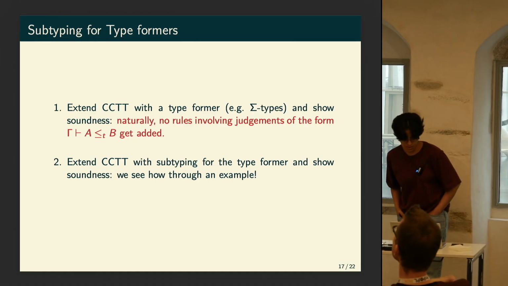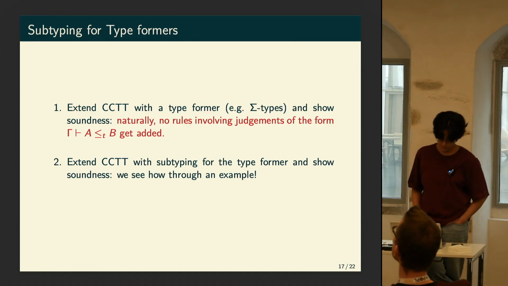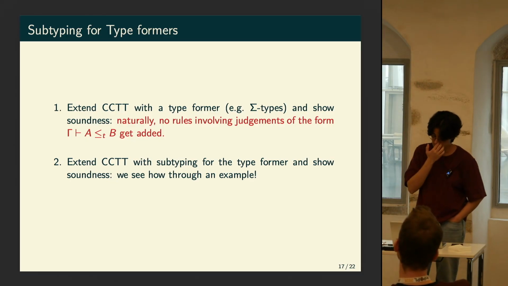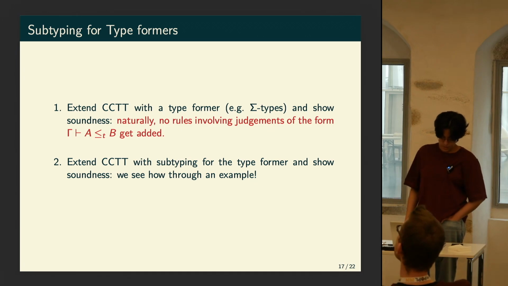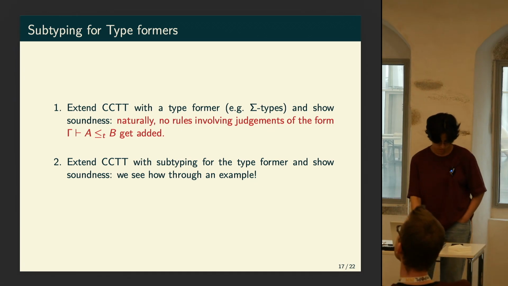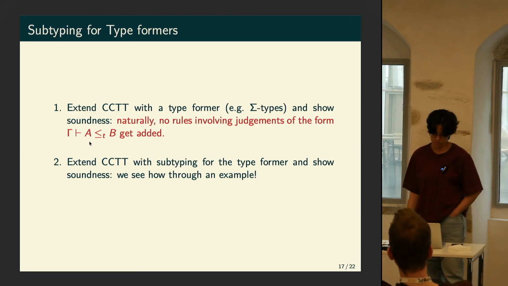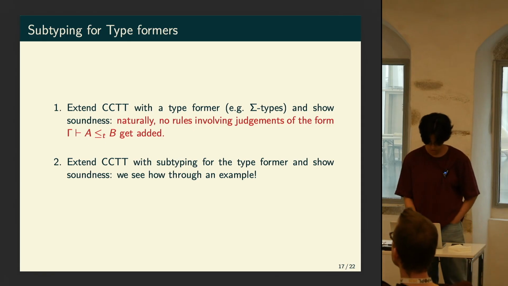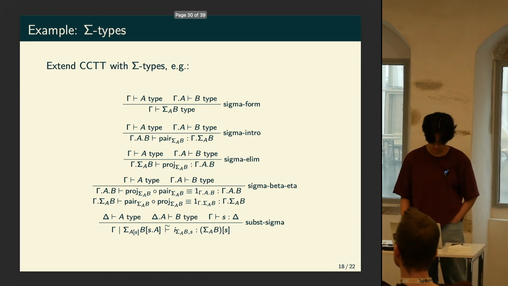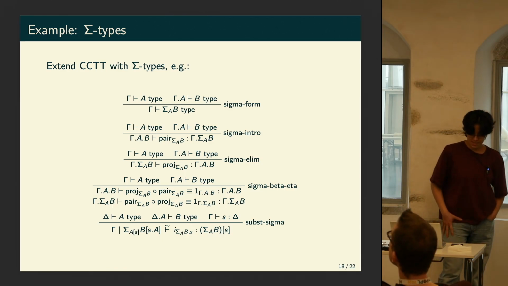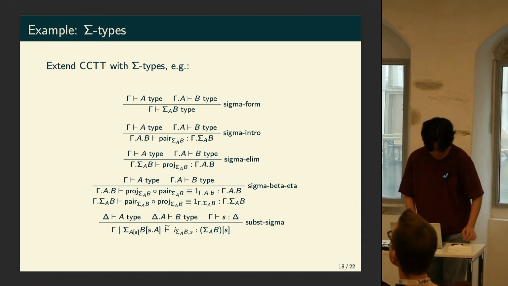So when we just add the sigma types, or whatever type former, I'm now going to use sigma types as an example. Naturally, we don't add rules that involve this judgment for the vertical morphisms that you saw before, and then we're going to add all the subtyping structure to it.